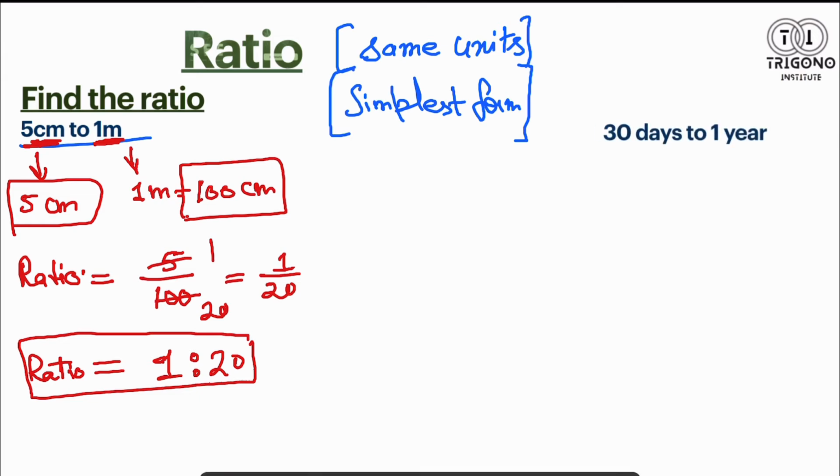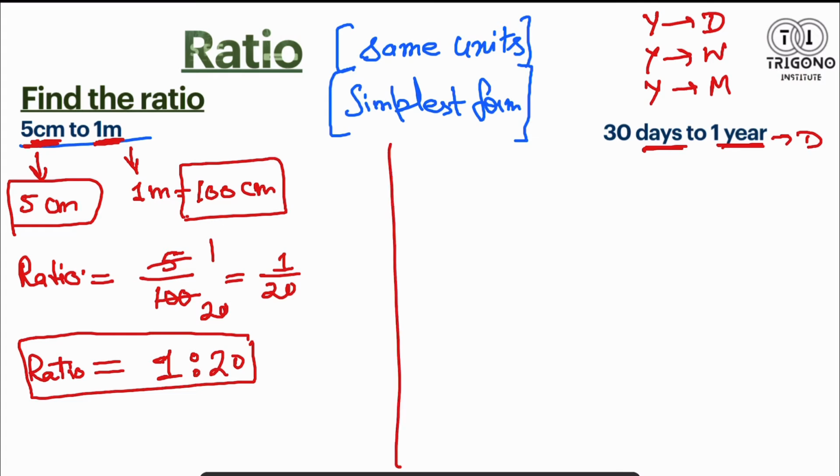Next we'll take one more example: 30 days to 1 year. Now a year can be converted into many parts, like days, weeks or months. We convert according to our need, and our need is to convert the year into days. I have 30 days here, so nothing to change.